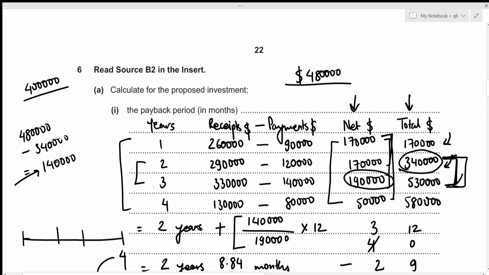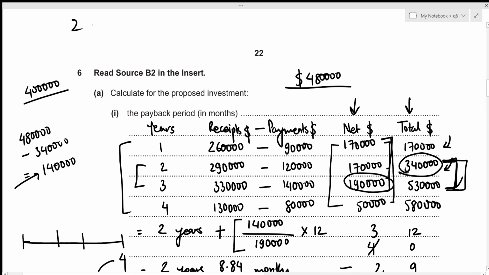So I'm going to write it here. That's 2 years plus the difference between the amount that we actually require and the amount that we have already gotten, which is 340,000, right? So that's 400,000 minus 340,000, which results in the value of 60,000.